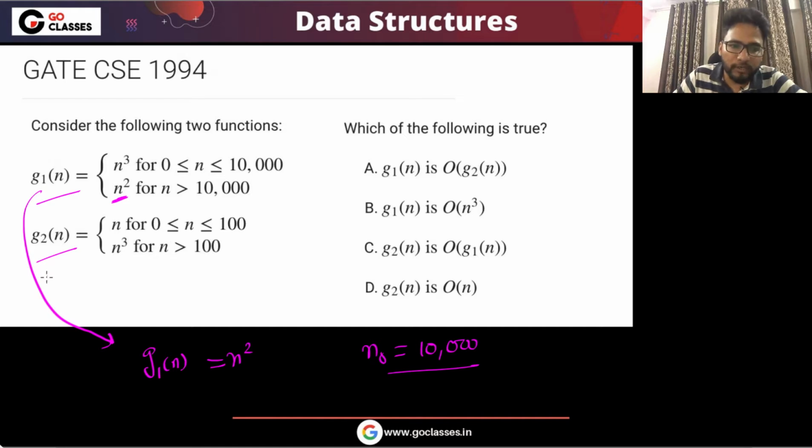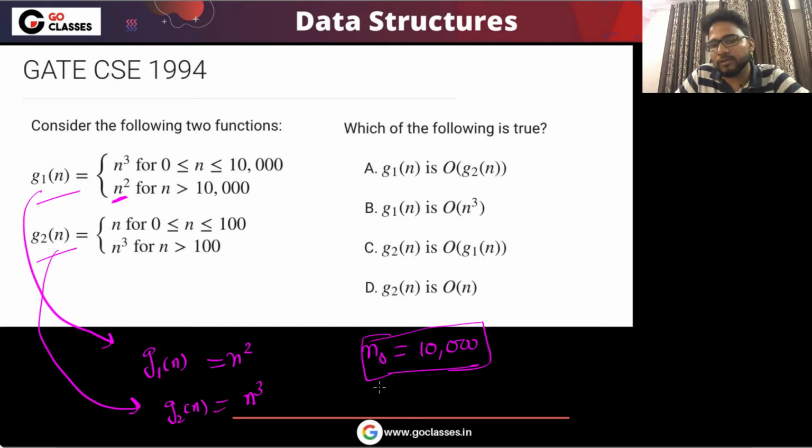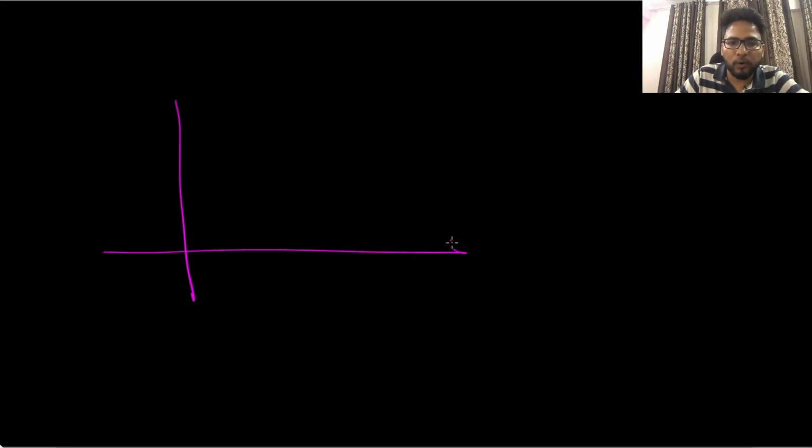What about this g2n? G2n is n cube after a certain point, right? Let's fix one point only after which we will be comparing. After this 100 only, this is n cube, but after this 10,000 also it is n cube, right? So g1n and g2n are actually n square and n cube. Let's suppose this is the plot. Before that, whatever is happening, let's not worry about it.